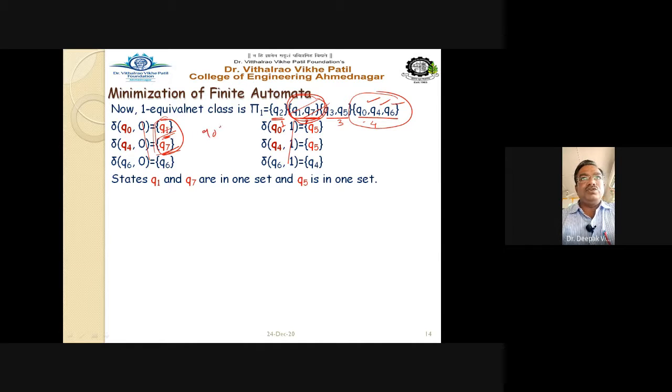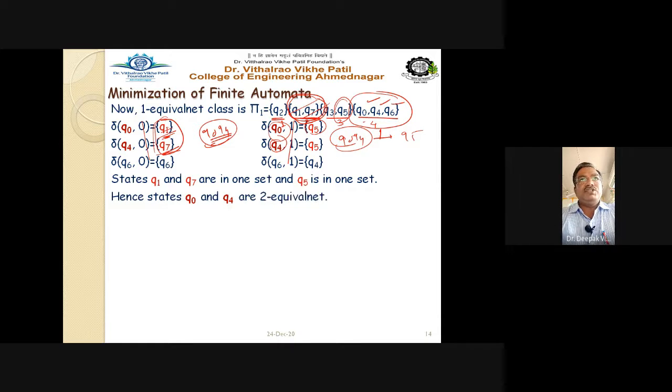That's why Q0, Q4 we can combine together, and we call them two equivalent states, right? Here also Q5 belongs to the same class. So Q0, Q4 on input 1 go to Q5, which means you can combine Q0, Q4 and call them two equivalent states.